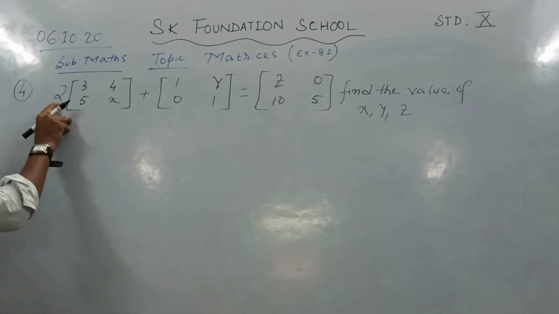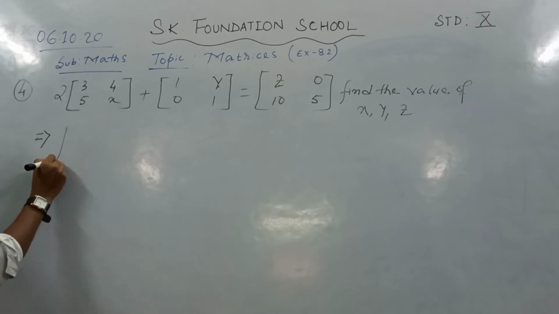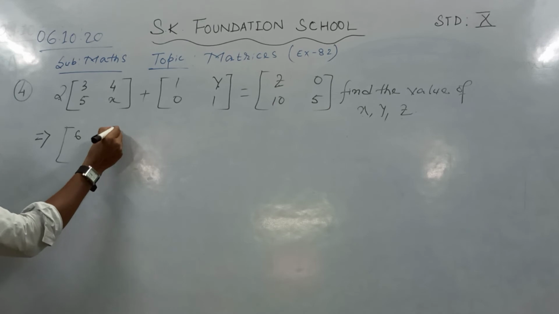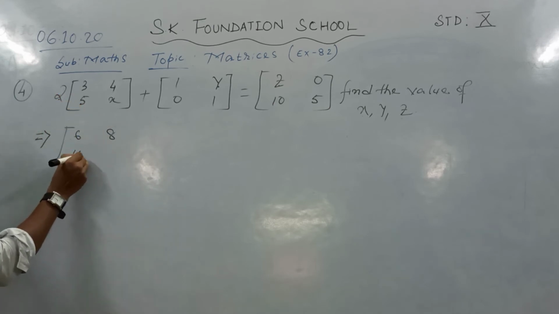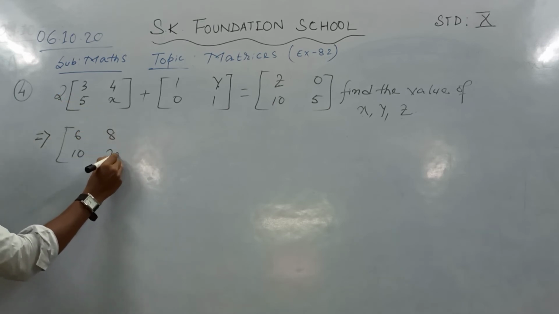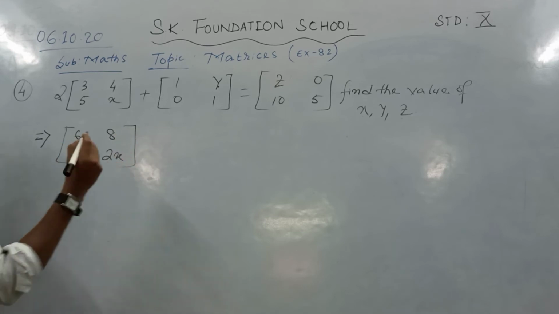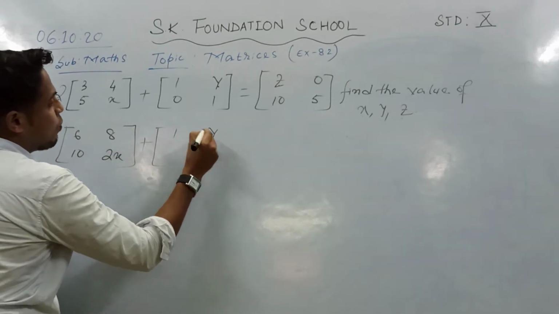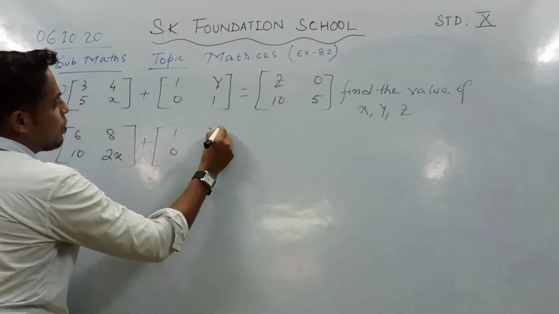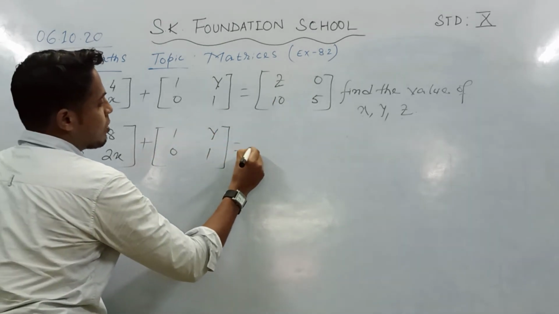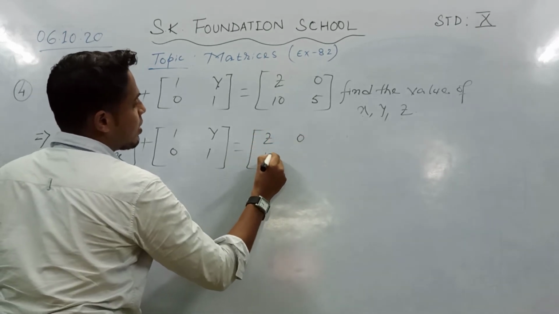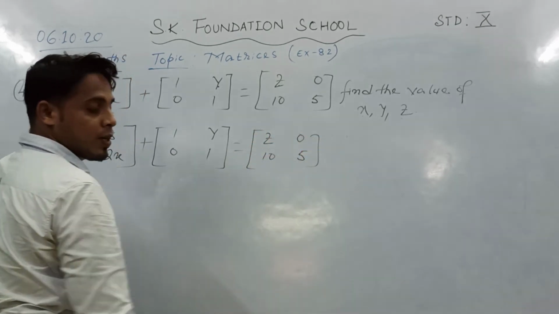First this 2 is multiplied with all these numbers: 2 into 3 is 6, 2 fours are 8, 2 fives are 10, and 2 into x is 2x. Plus [1, y; 0, 1] equals [z, 0; 10, 5].